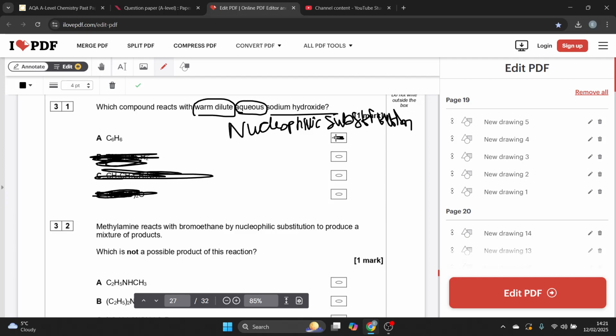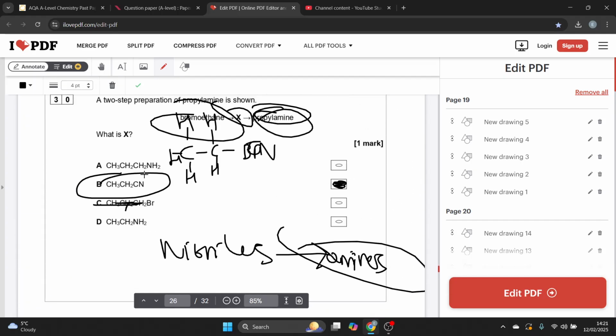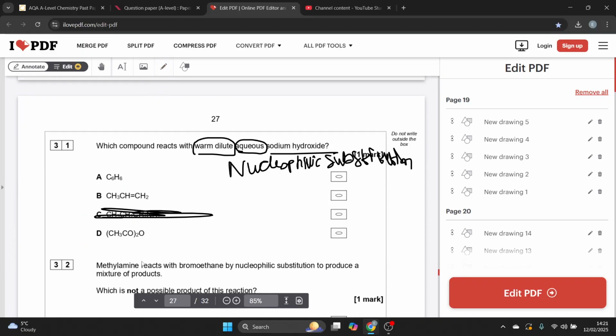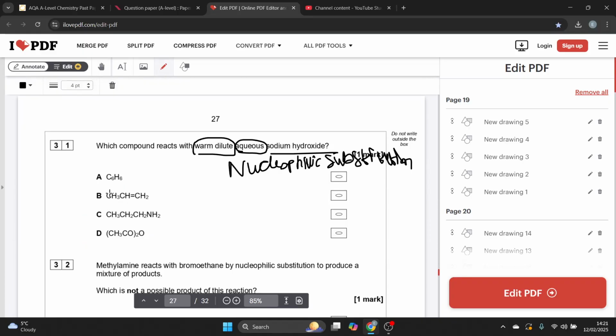Therefore, it's got to be A. No, sorry, no. So 30 is CH3CH2CN, B, nitriles to amines. 31: it definitely can't be B. Warm dilute aqueous, so it's done in aqueous conditions, so it's going to be nucleophilic substitution.